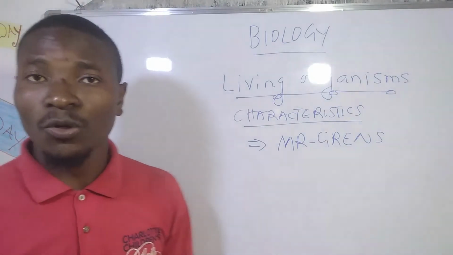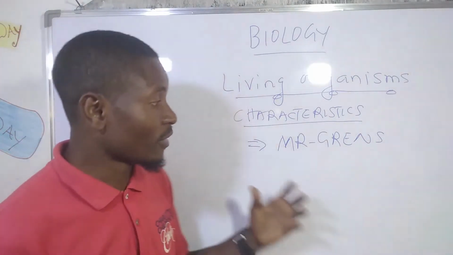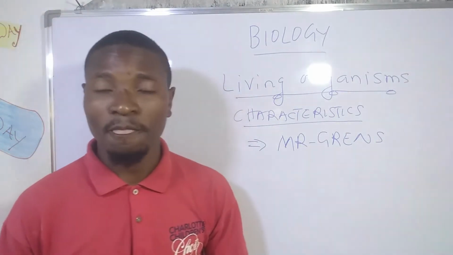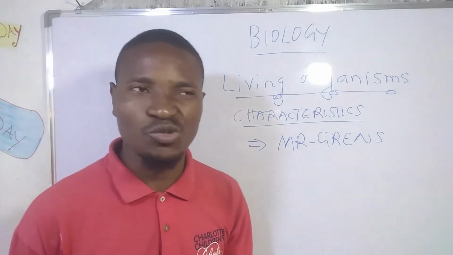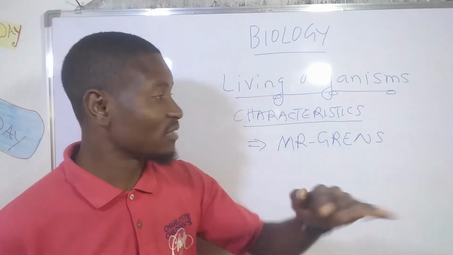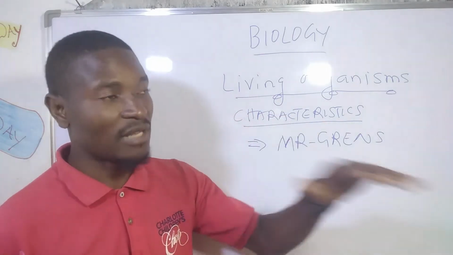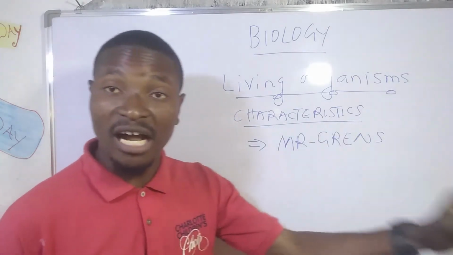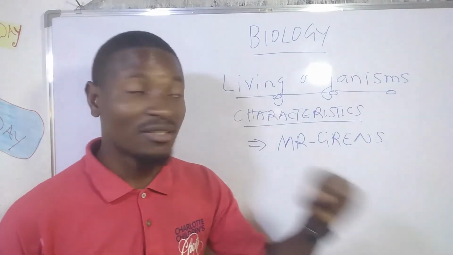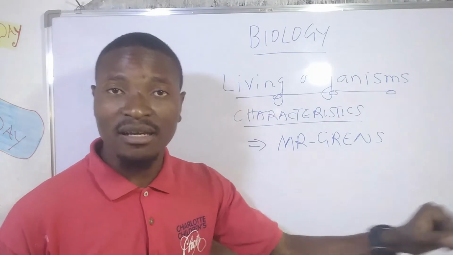We can simply call it Mr. Greens. That's how you can break down the abbreviation: what does M stand for, what does R stand for, what do G, R, E, N, S stand for, and just like that.